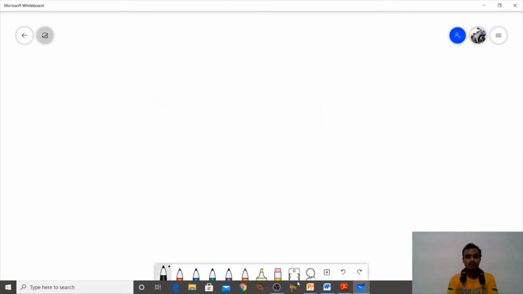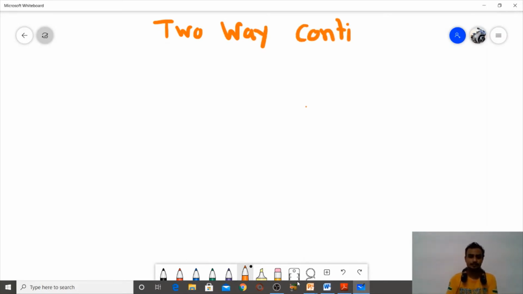Let's go for the two-way continuous slab.